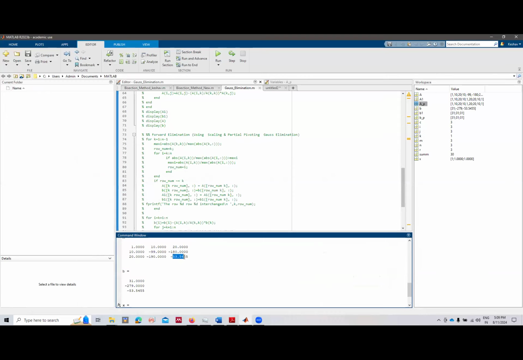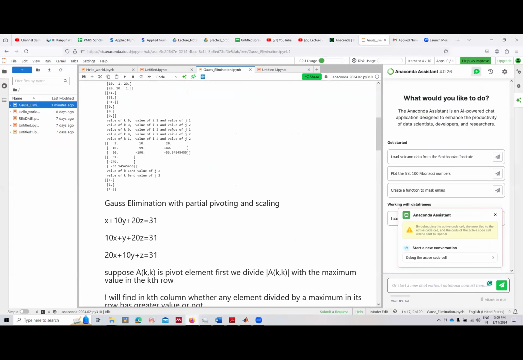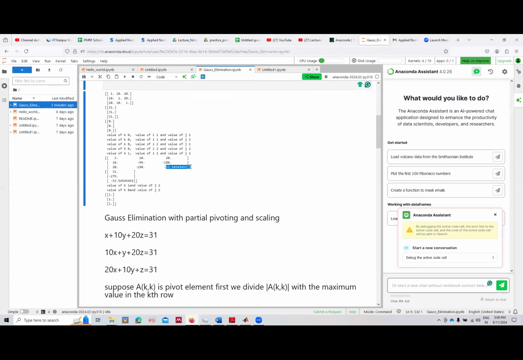The 53 something we are getting here, and in Python also we are getting 53 or something. See here, the same we are getting.